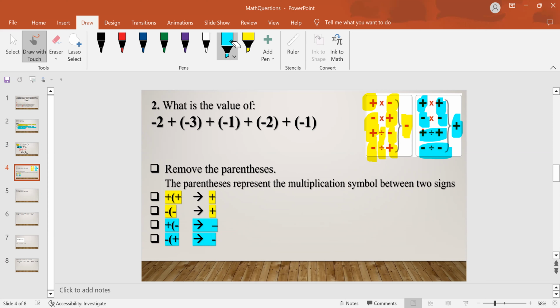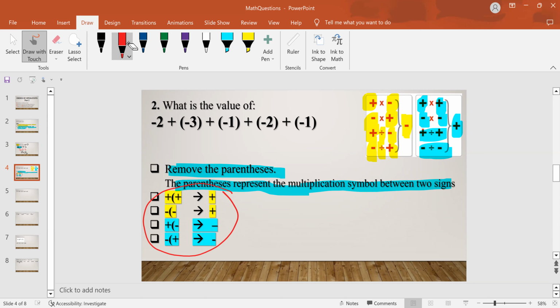Now, we're going to try to remove the parentheses, and we need this sign chart. So the parentheses represent the multiplication symbol between two signs. Okay, so that's why we have this example here. When you have parentheses separating two positive signs, the result will be positive.